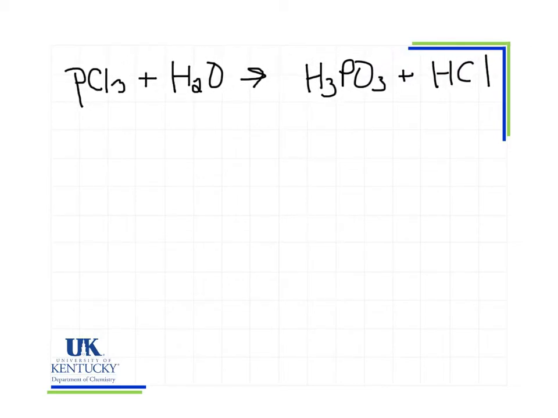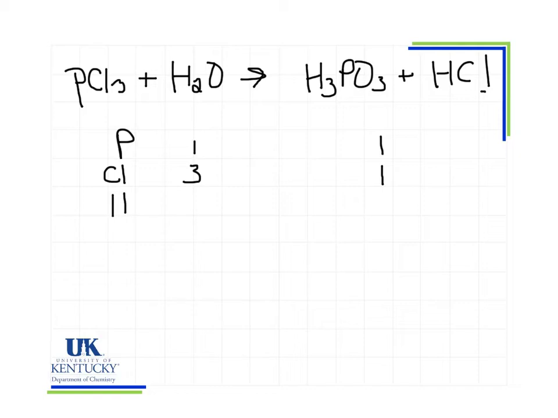Now what we want to do is look at our reactant side and our product side, and go through each element and determine how many we have of that element on both sides of the equation. On the left side I have 1 phosphorus, on the right I have 1 phosphorus. For chlorine I have 3 on the left because I have a subscript of 3, and on the right I have just 1 because HCl only has 1 chlorine in it.